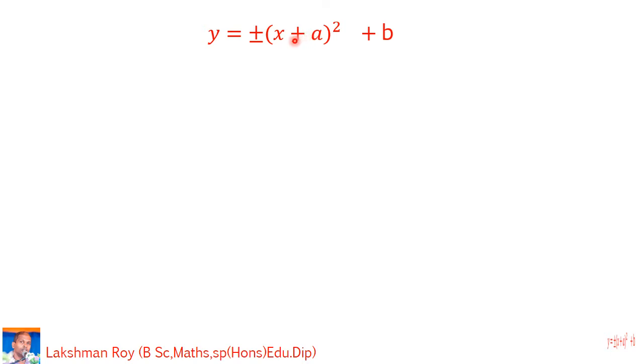Let's see how. Inside this square you get x plus a, right? So using this part you can take the equation of the axis of symmetry. That is important, so let's discuss how to take that.